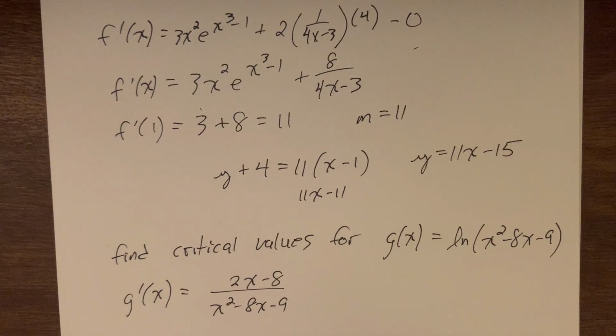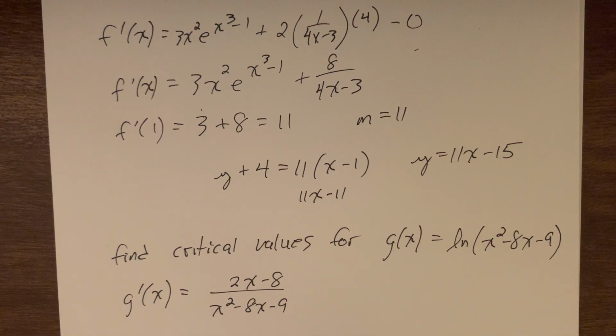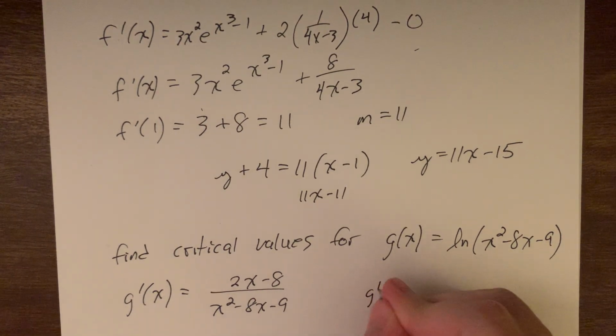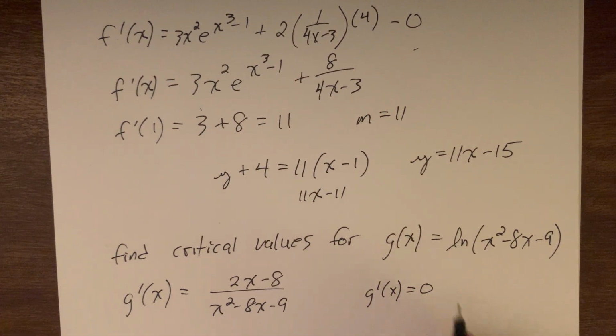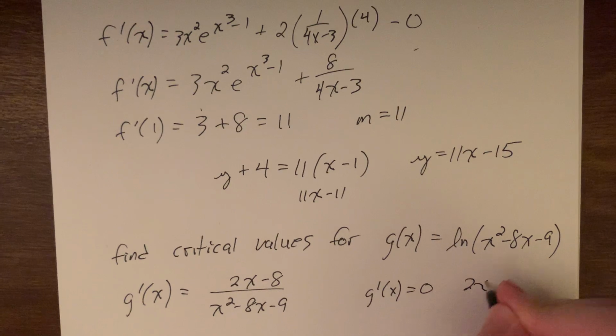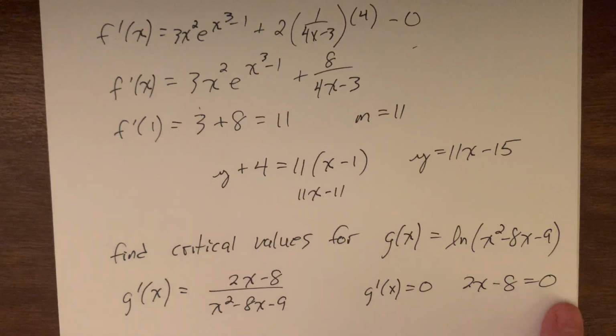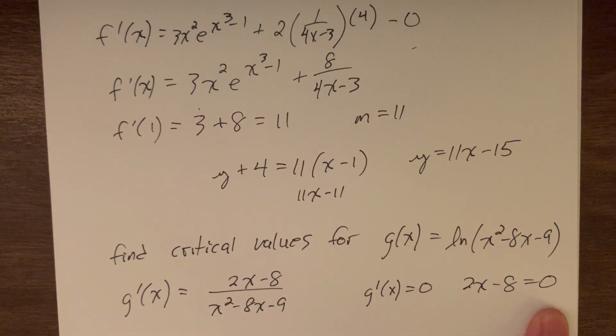Again, critical values where the derivative is 0 or doesn't exist. When you get a fraction like this, when does a fraction equal 0? You could set the whole thing equal to 0 by cross multiplying. You'll end up only needing to solve where the numerator equals 0. Now that only works if you have one fraction.